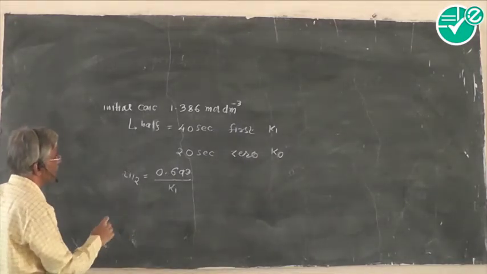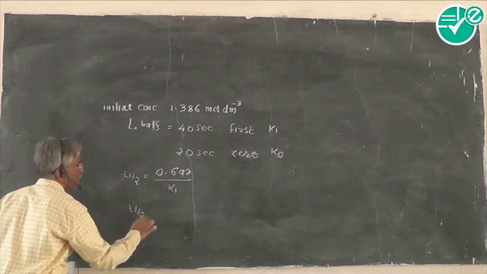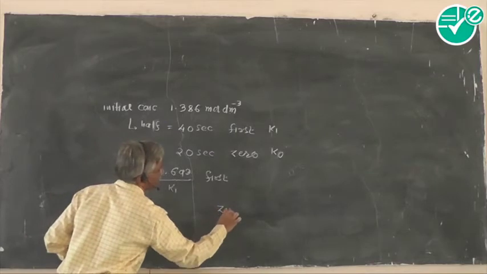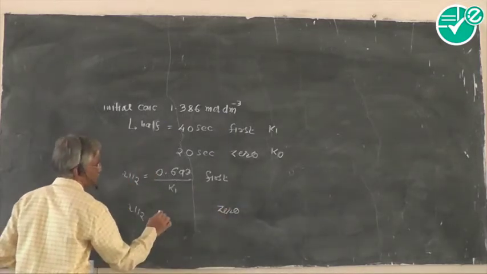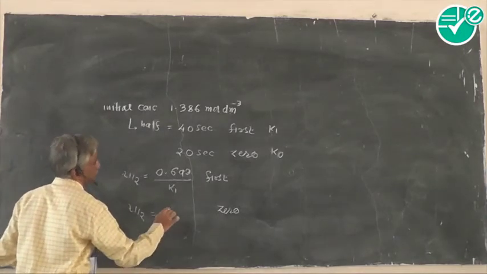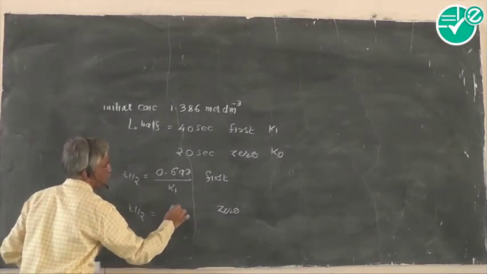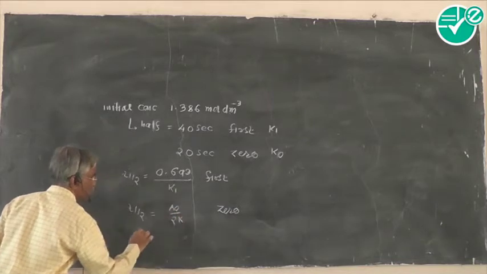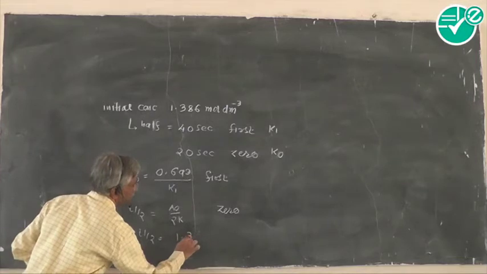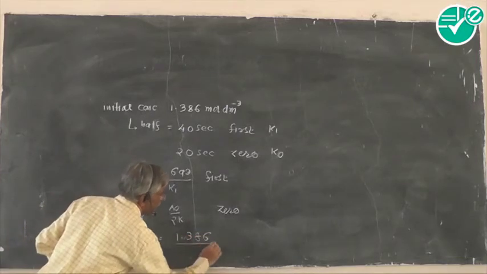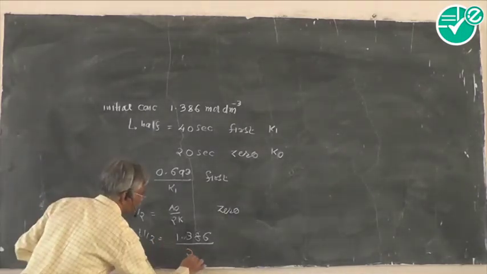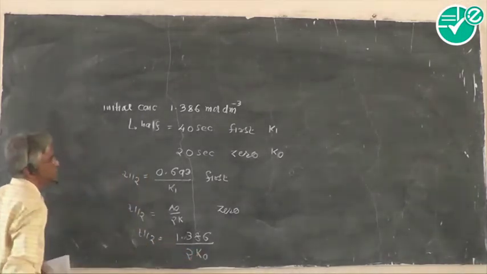This is for first order. For zero order, T half will be equal to A0 upon 2K. The formula is A0 upon 2K. So T half will be equal to 1.386 upon 2 into K0.